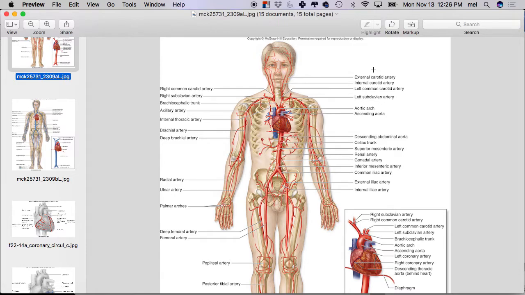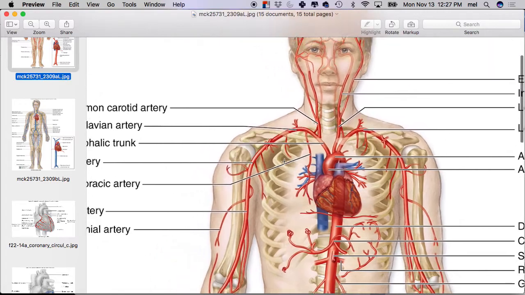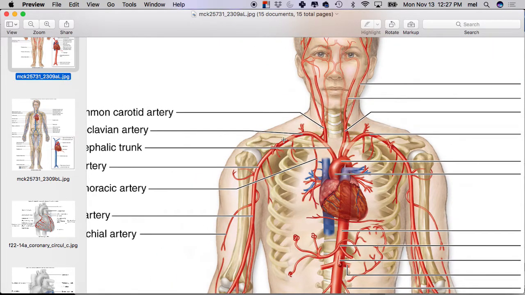So arteries are going to supply, and veins are going to come back from the capillary bed and drain, yes? So instead of just saying, okay, this is the subclavian artery, I want you to tell me which direction blood is flowing through the subclavian artery and where it might be going. Which direction is it flowing? It's going out that way and it's going to the arm, right?